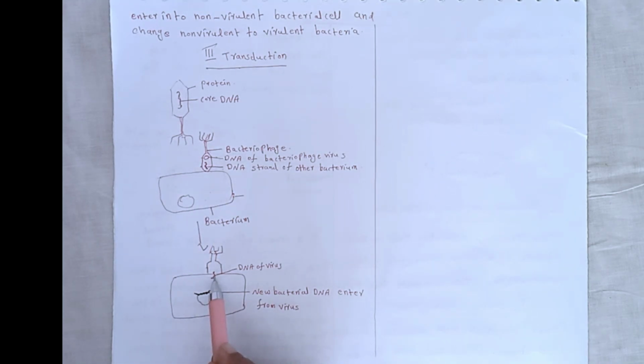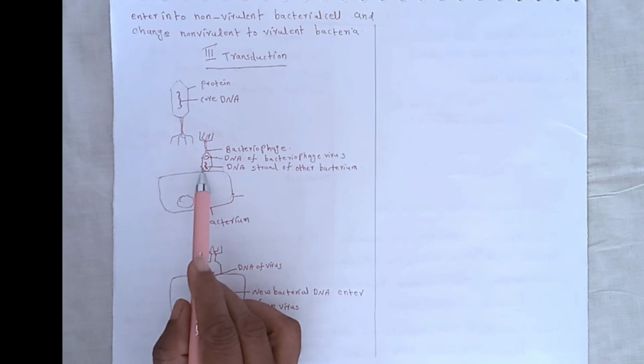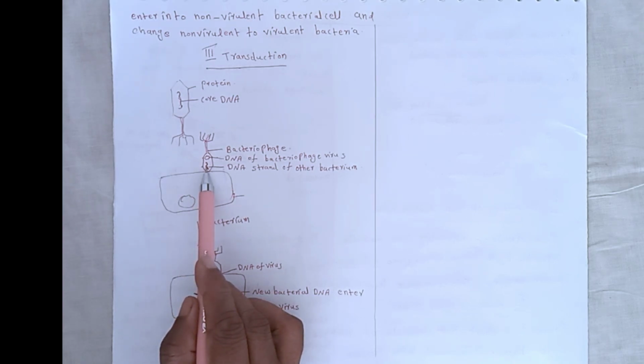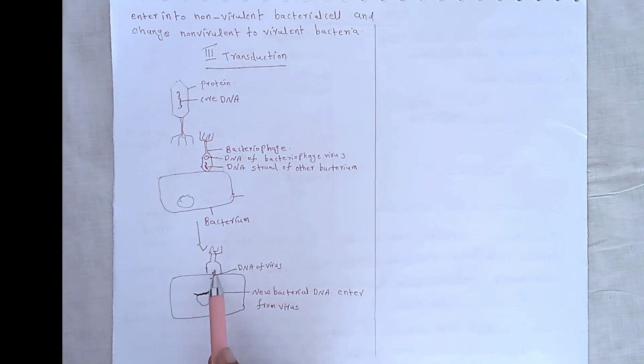This is the normal part of bacteriophage DNA, and this is the foreign DNA of another bacterium that enter into this bacterium and joined to the DNA of this bacterium. The new bacterial DNA enter from virus and join to the bacterial DNA. This process is known as transduction.